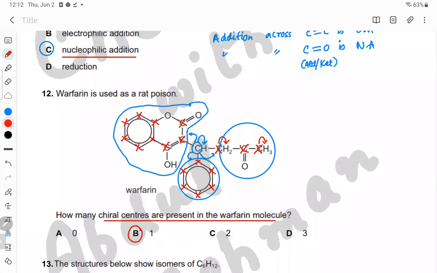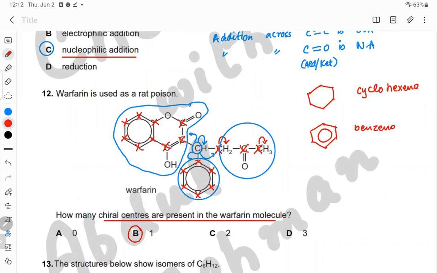No, these rings are not cyclohexene. Let me tell you. If you have this ring, then it's a cyclohexene. And if you have this ring, then it is called benzene.